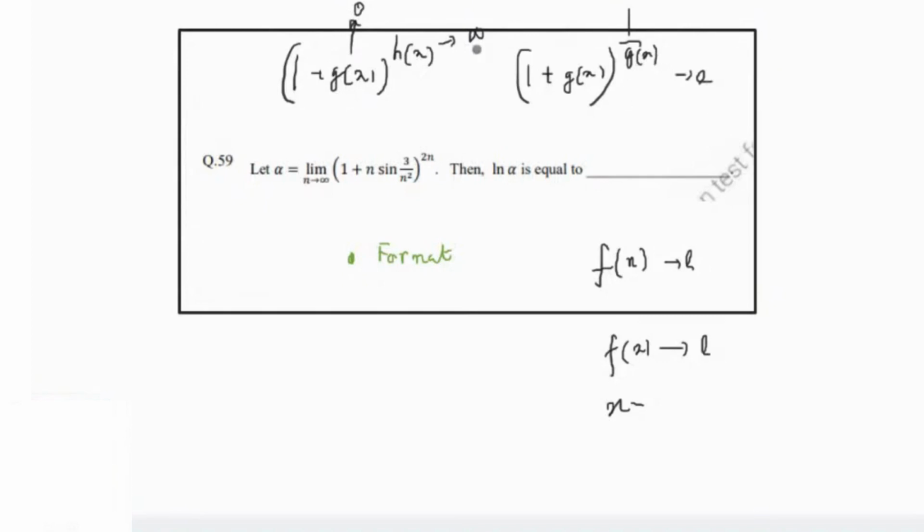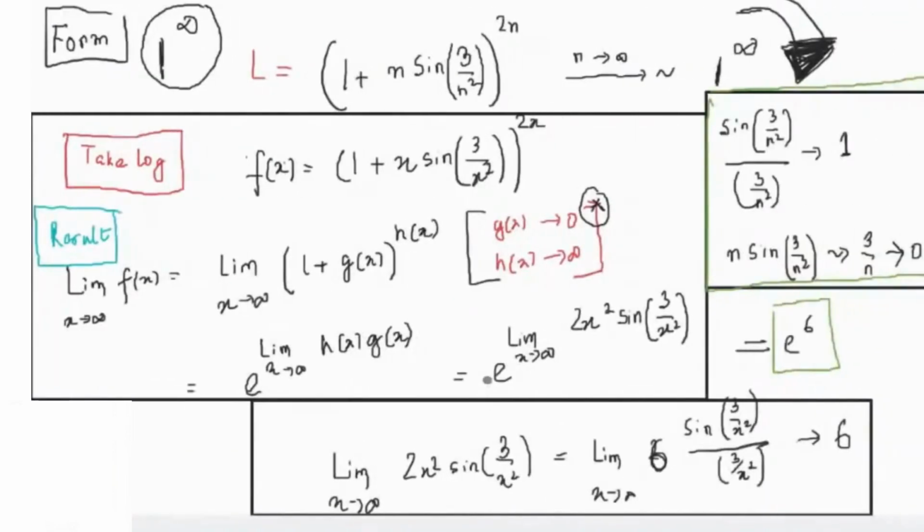And therefore, to adjust, this is nothing but 1 plus g(x) whole to the power 1 by g(x), whole to the power g(x) times h(x). Now g(x) cancels this out. So this turns out to be e to the power limit as x tends to infinity of h(x) times g(x). This can only happen if you have these two conditions.